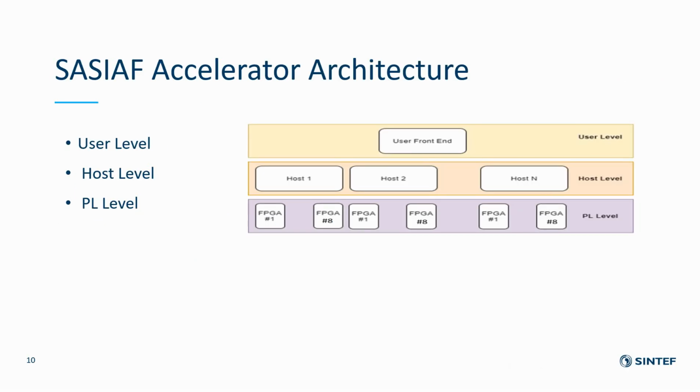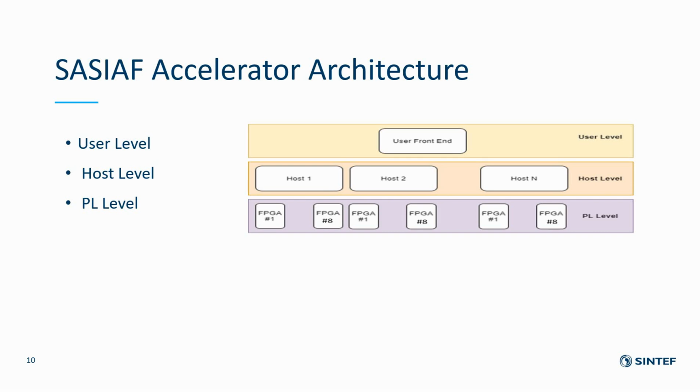The SASIAF accelerator architecture that we presented in this paper is a combination of 3 different levels. At the bottom we have the FPGA level, which is the bitstream that will be implemented in each FPGA to process the data. In the middle we have the host level.